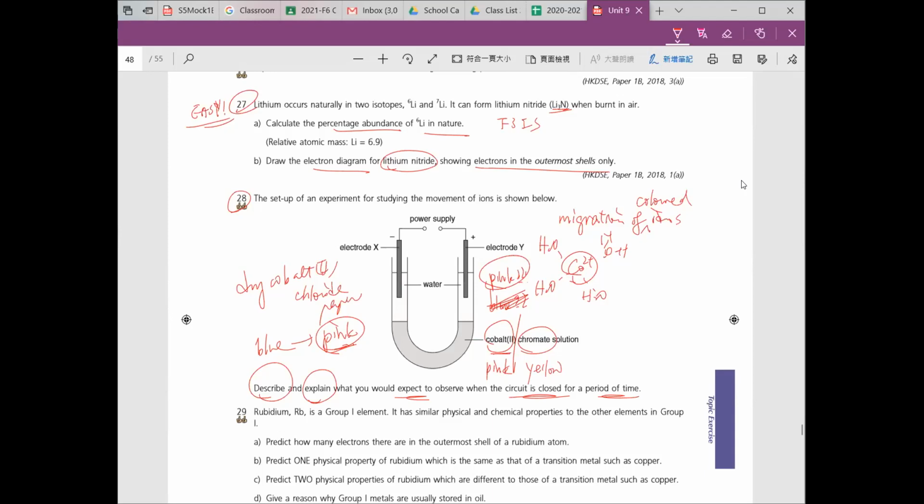So mixing pink and yellow. Pink is similar to the color red, right? Red plus yellow becomes orange. It's a little bit orange, right? Pink plus yellow is also a little bit orange.